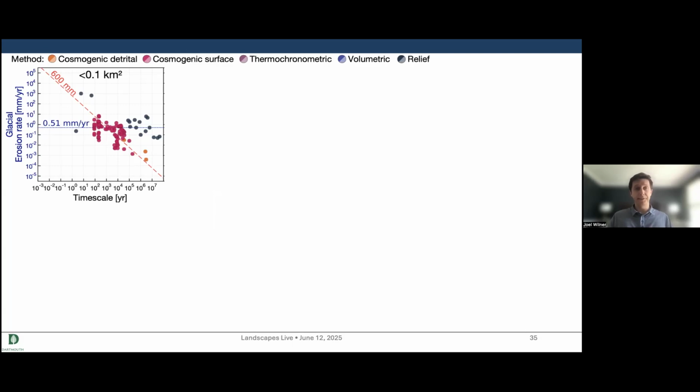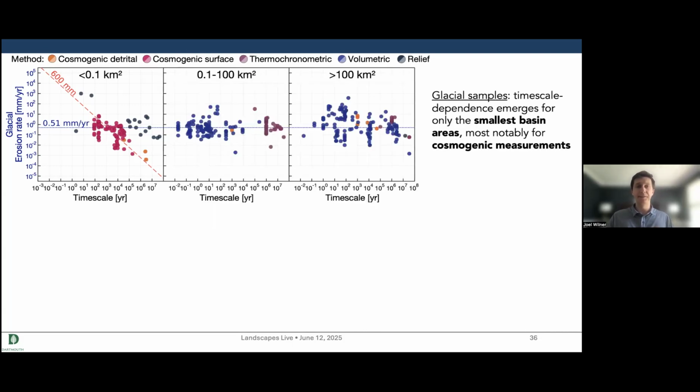But you do see this Sadlerian timescale dependence emerge, the slope of timescale dependence with erosion rate for these smallest basin areas. However, as we increase the basin size for glacial samples, this timescale dependence disappears. So we only see this timescale dependence in glacial samples robustly for the smallest basin areas, which correspond to mainly cosmogenic measurements.